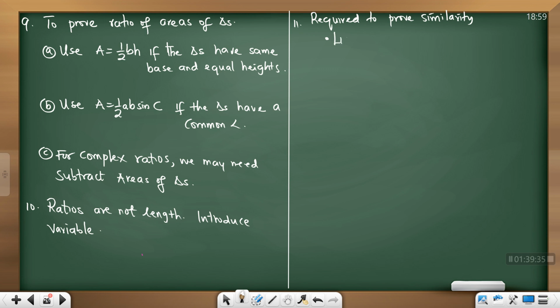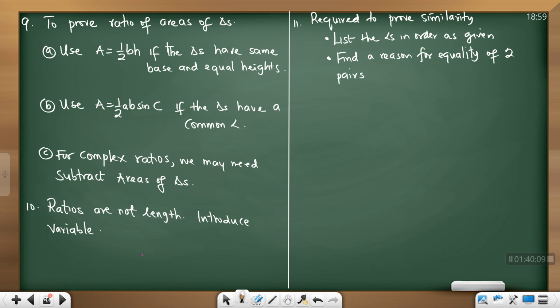Number 1, list the angles in order as given. Point number 2, find a reason for equality. I'll explain. Find a reason for equality of two pairs of angles.